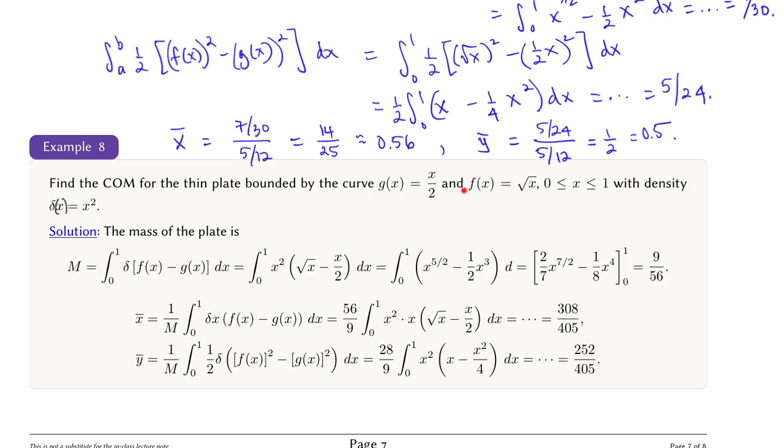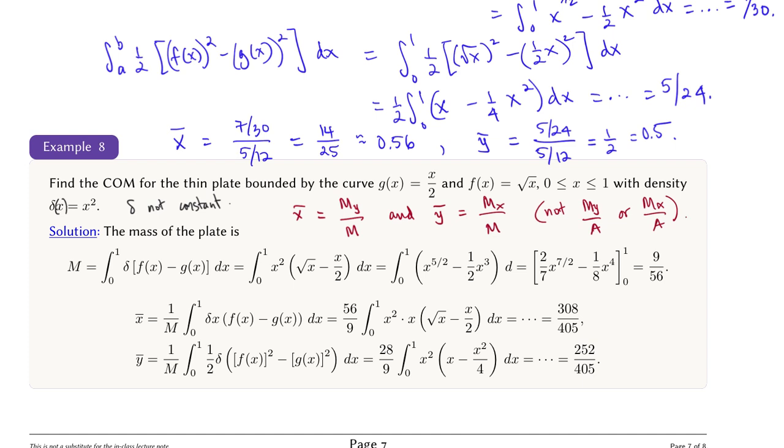Now, with the same problem, but if the density is not uniform, in this case the density is a function of x, and so it is not a constant, and so we cannot ignore it. This time, x bar equals the moment about the y-axis divided by the total mass, and y bar is the moment about the x-axis divided by the total mass, not divided by the area, because the density is not a constant.